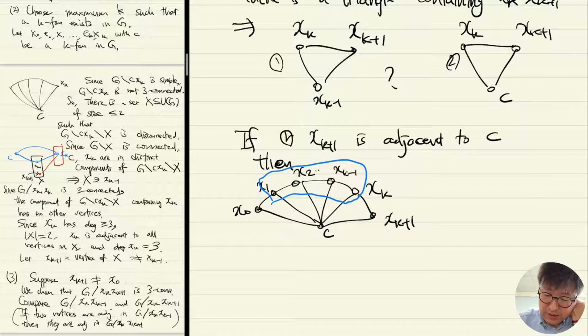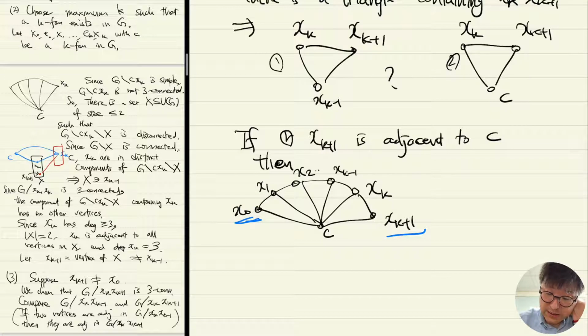Well, I know because by assumption this is different from x0, right? But how about x1? Well, xk is not adjacent to x0.